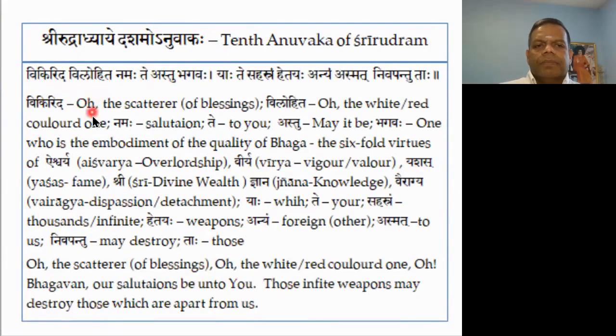Now the word-to-word meaning. Vikirida means one who distributes, who spreads, who scatters. He gives blessings by scattering.